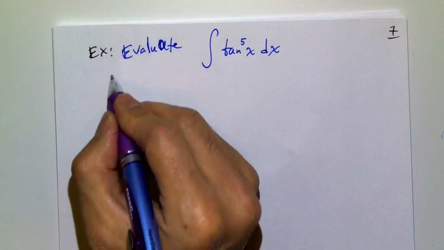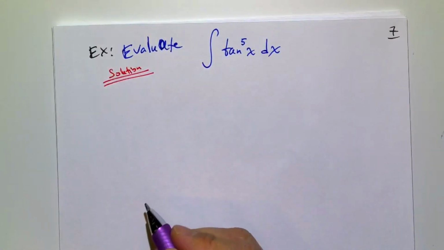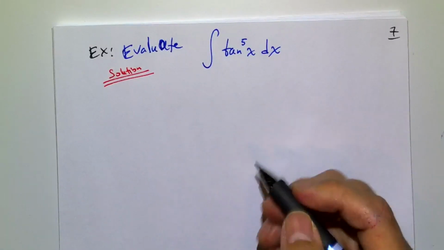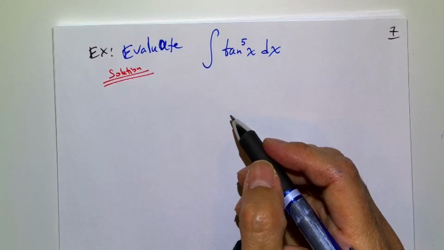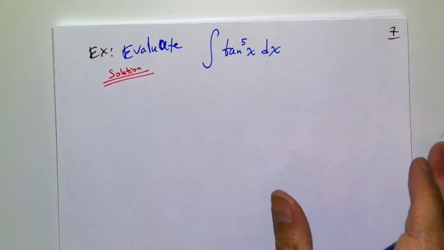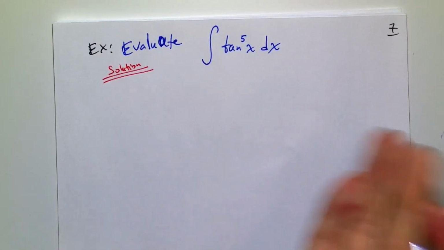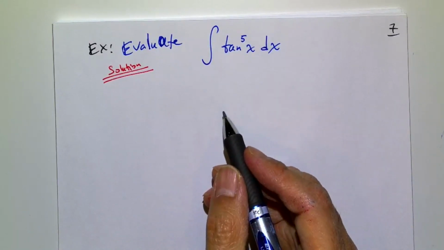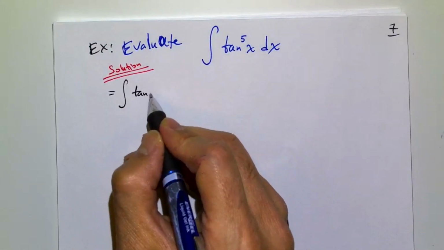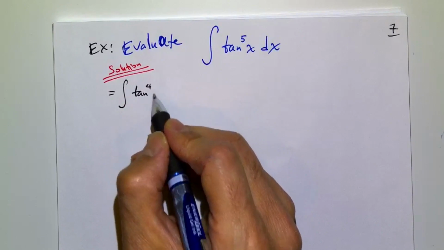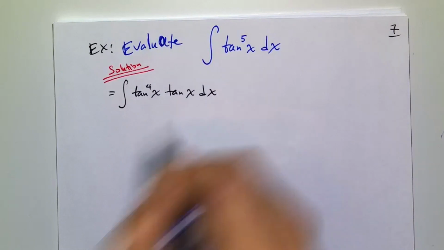Again, I remind you to please pause the video, spend 10-15 minutes of your own time to come up with a solution, and then hopefully your solution will match this. If not, you can modify your solution based on this. So tangent 4x times tangent x dx.